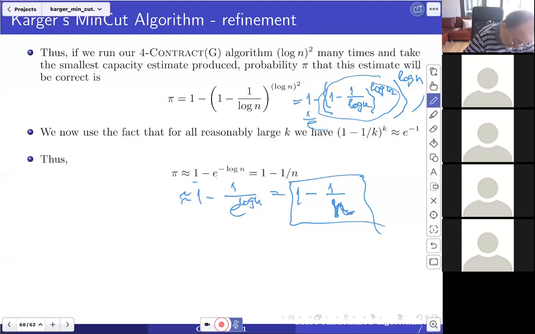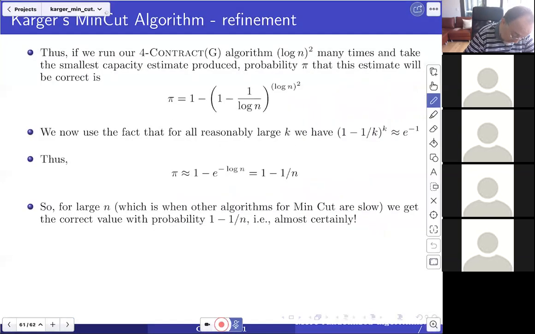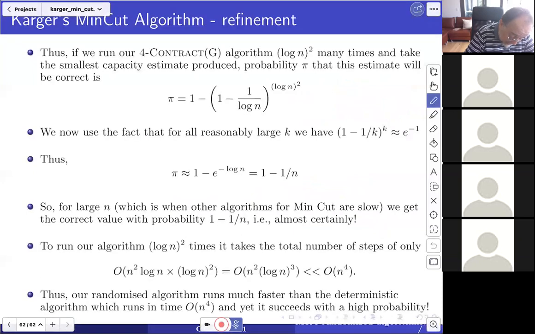What is the total runtime of our algorithm? Well, the 4-contract algorithm runs in time n squared log n, and we run it log n squared many times. So the total runtime is n squared log n cubed, but log n cubed is very small compared to n squared, right?